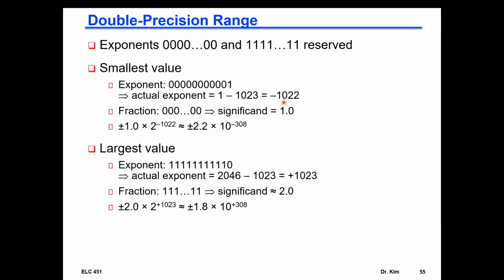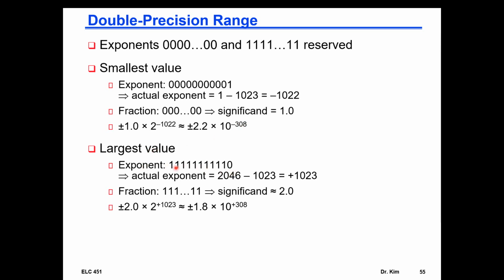So the most negative exponent as a power of 2 is minus 1022, and the fraction is all 0, so that's 1. That gives you plus or minus 1 times 2 to the minus 1022, which is plus or minus 2.2 times 10 to the minus 308.